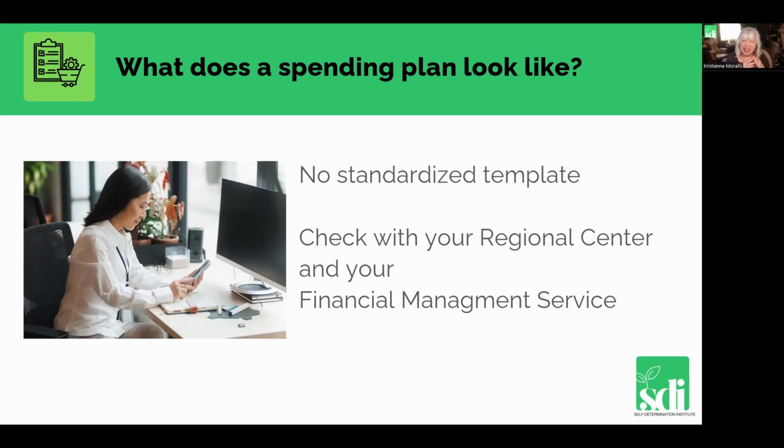Some financial management services have a template they want you to use. If they don't have those, then you can use your own however you want to turn it into them. So it gets really fun if your regional center wants theirs and your financial management service wants one, you're making multiple, but that's, yeah. I don't know what to say about that, but that's the world we live in right now.